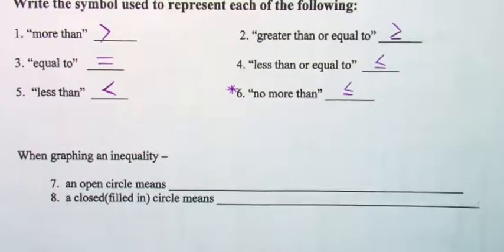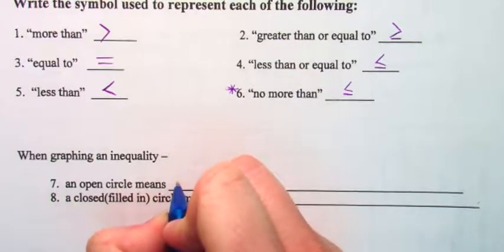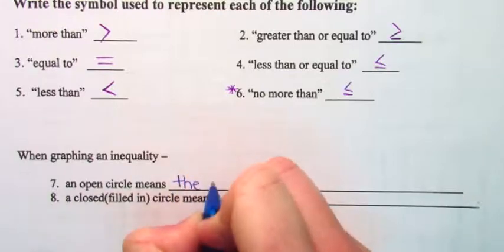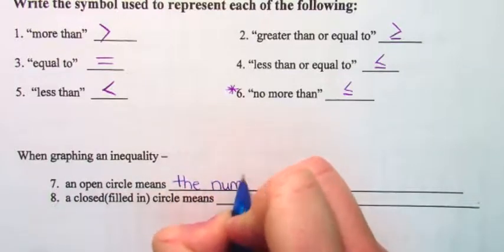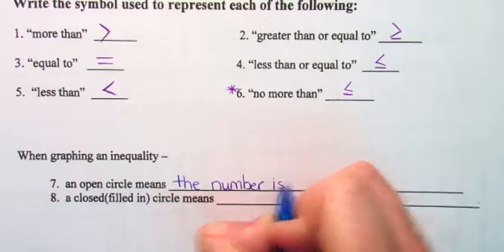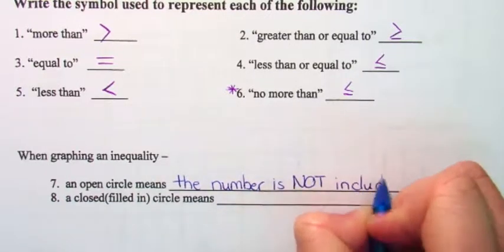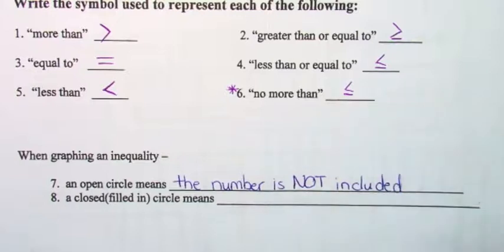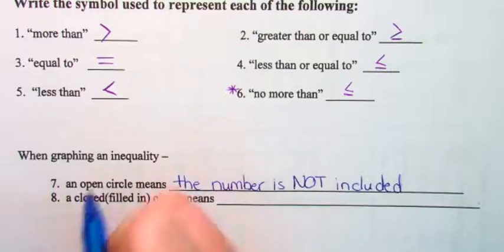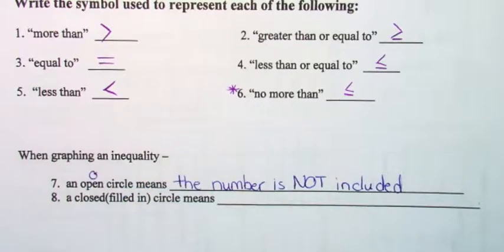So when we graph an inequality, remember that an open circle means that the number is not included. So an open circle, that means you're putting an open dot, means that the number is not included.